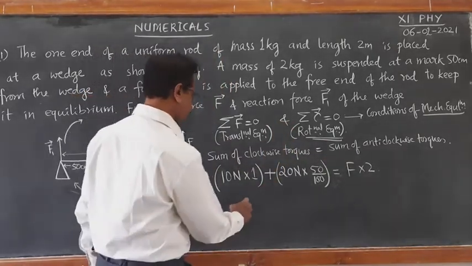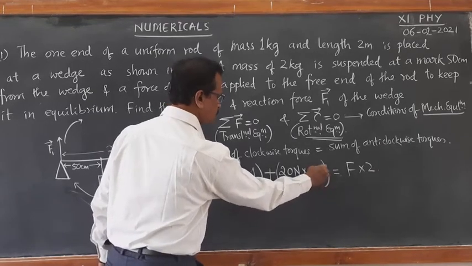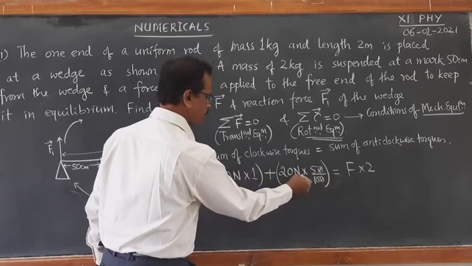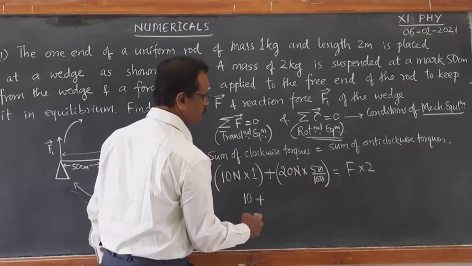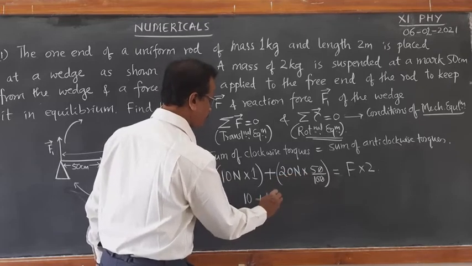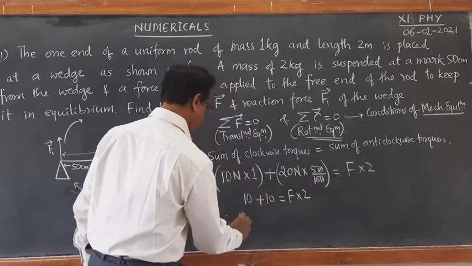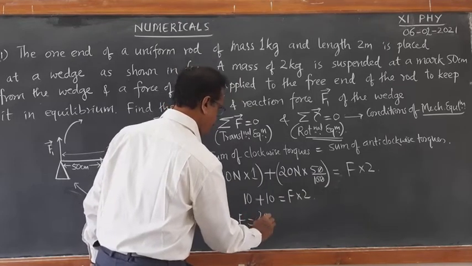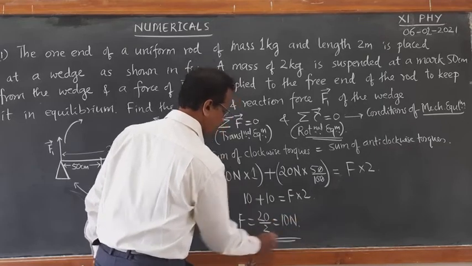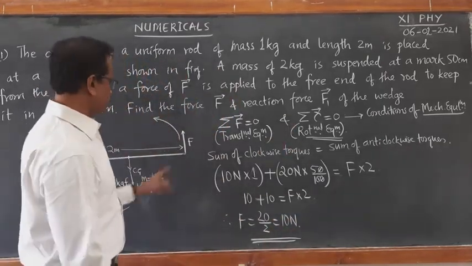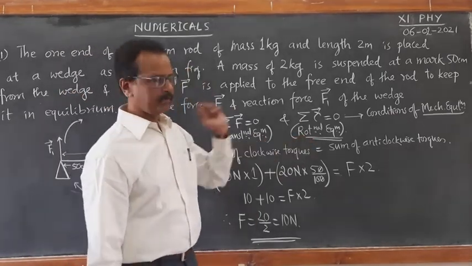So, if you calculate, this becomes 10 plus 0.5 into 20, which becomes again 10. So it becomes F into 2. Therefore, F is equal to 20 by 2. So, F becomes 10. This is how we find this F using the condition of rotational equilibrium.